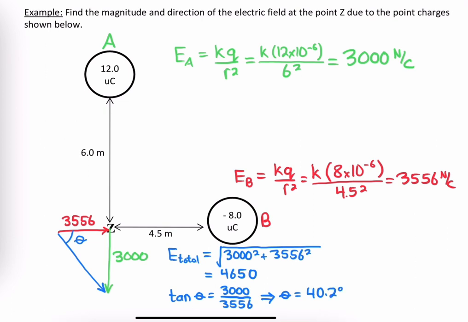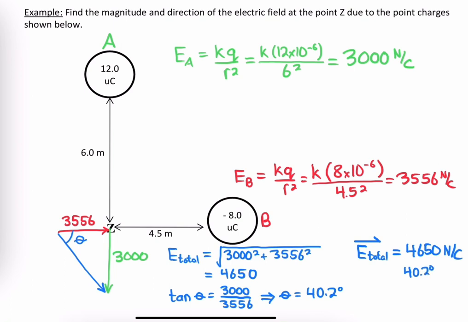Okay, so I have the magnitude of the total electric field. I have the direction of the total electric field. Let's just write those two out together. So the total electric field, with a vector hat, because it's combining both magnitude and direction, is 4,650 newtons per coulomb at a direction of 40.2 degrees.